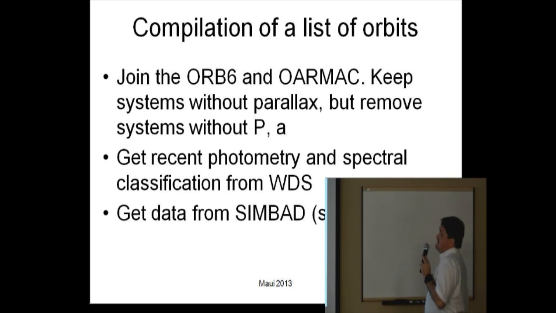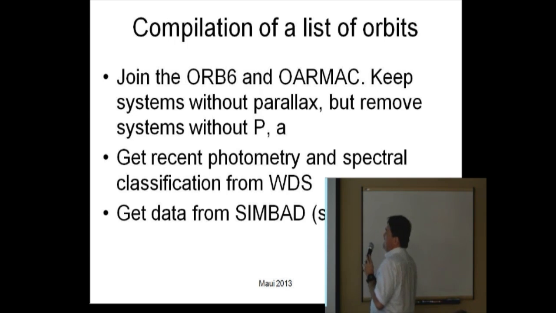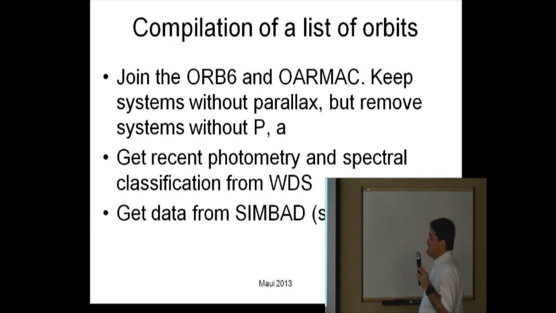To do this, we joined these two catalogs. We keep systems without known distance, but at this stage we remove systems with unknown period and semi-major axis. Then we got recent photometry and spectral classification from WDS, and we took some data from SIMBAD.